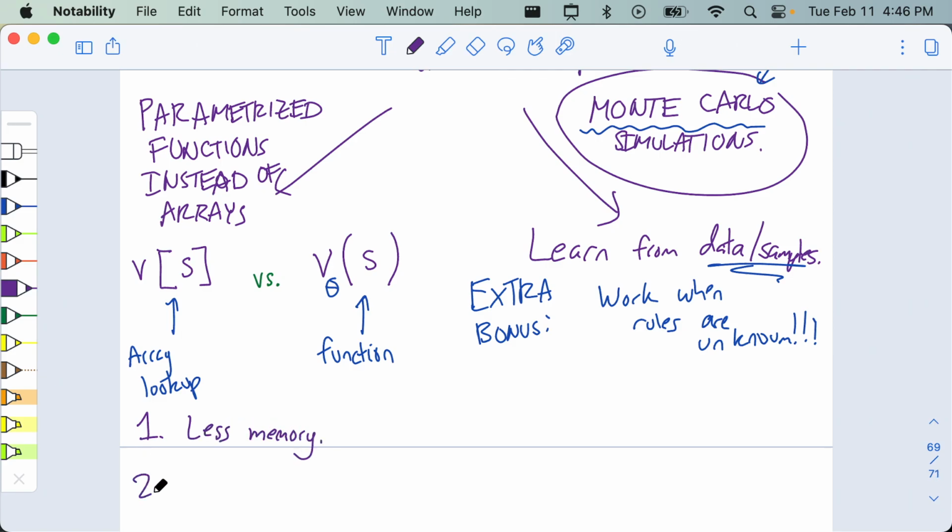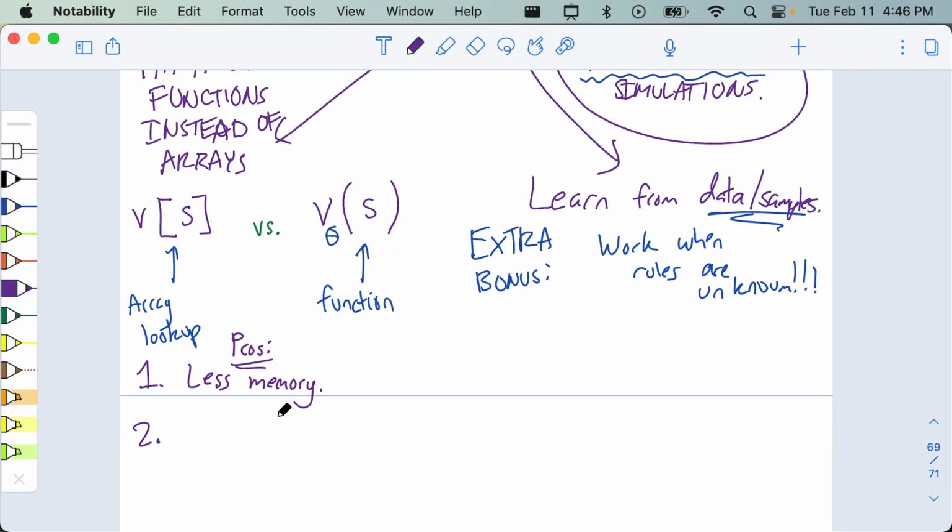But there's another big benefit by switching away from array lookups to functions. So these are pros. Yeah. Is it something to do with you don't have to pre-initialize the functions?